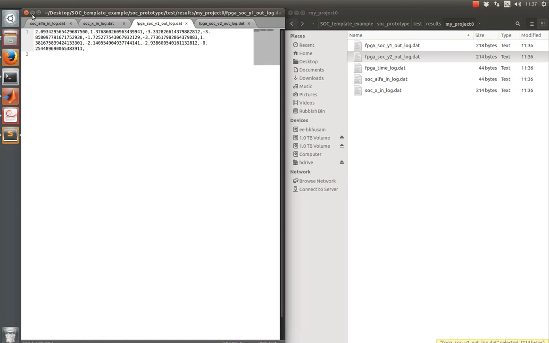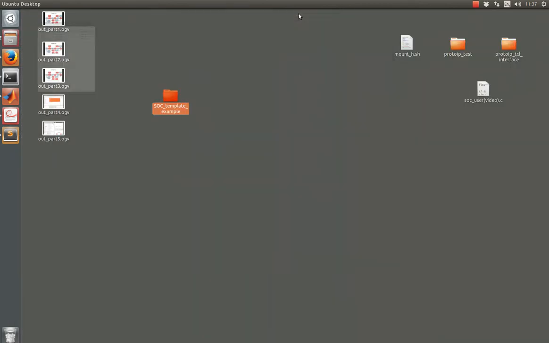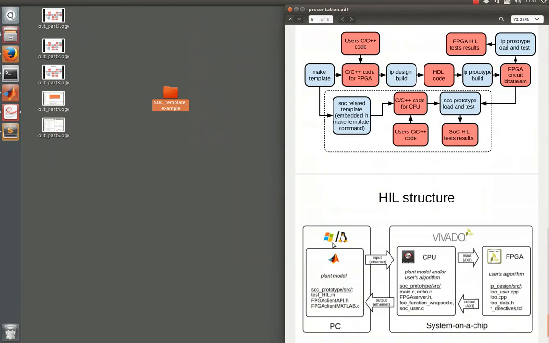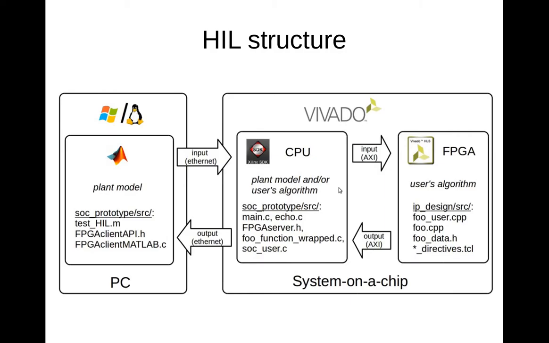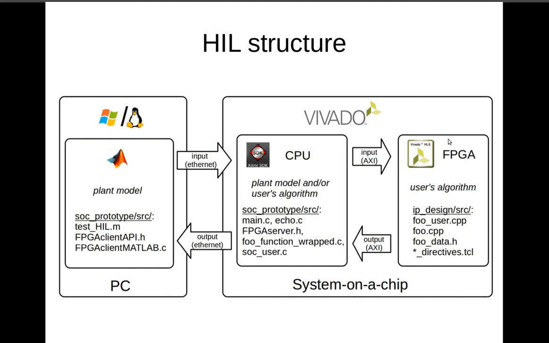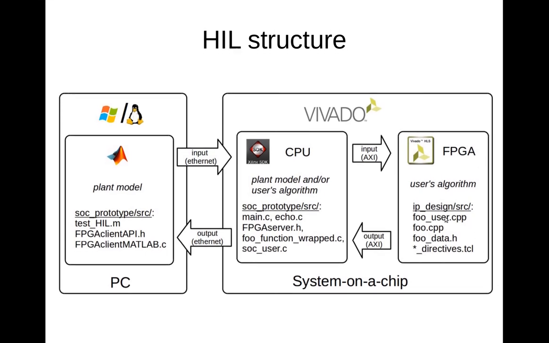Okay. In order to sum up what we have done, we'll refer to this diagram. So on the initial stages of the design flow, we have designed FPGA accelerator, FPGA logic, by modifying foo user CPP function. Okay. After we modified foo user CPP function, we called IP design build command.